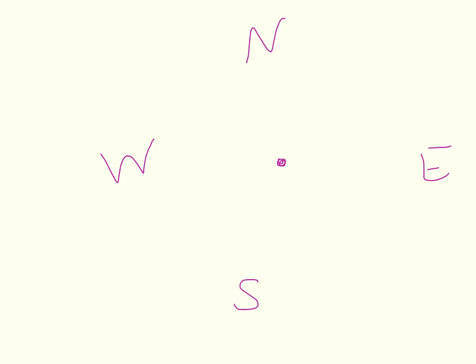Okay? Now, if you're standing there in the middle, the very first thing it tells you is to face north. So this is you. Your eyes are facing north. So it's kind of like a clock, but it's giving you a different example. Instead of a clock, it's giving you direction.